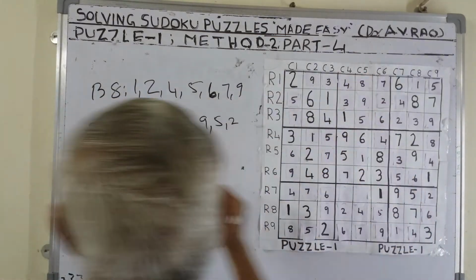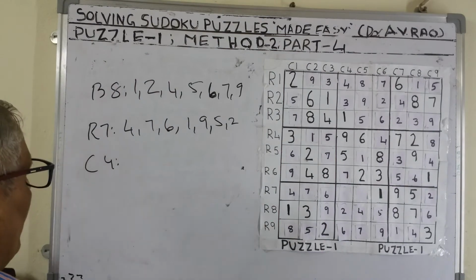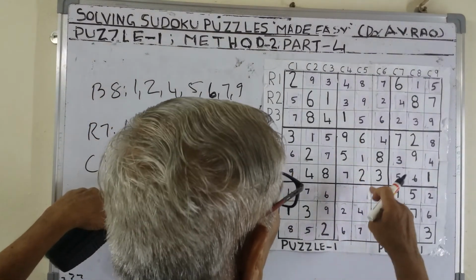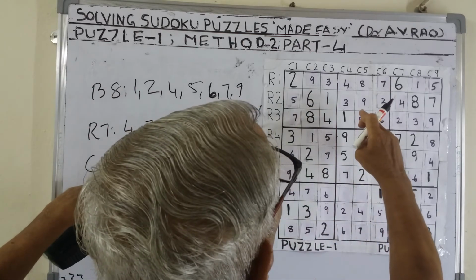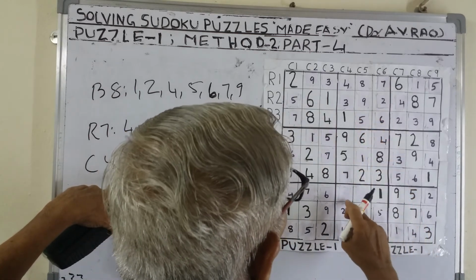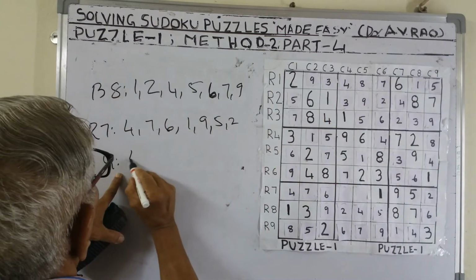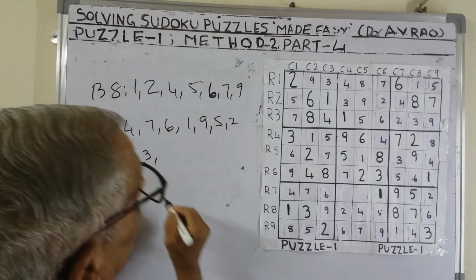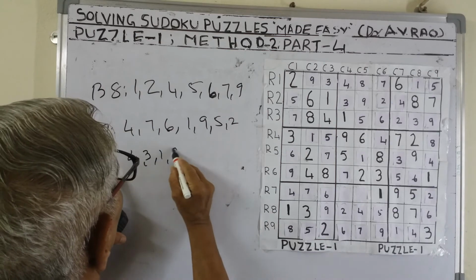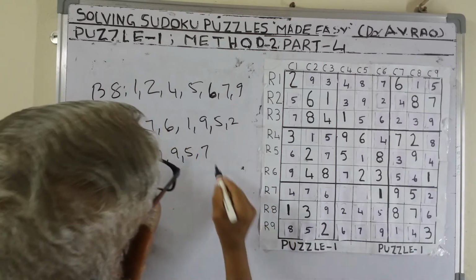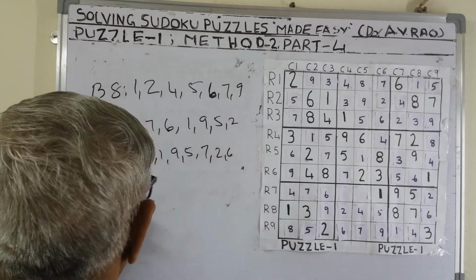Let us take column C4. C4: 4, 3, 1, 9, 5, 7, 2 and 6.